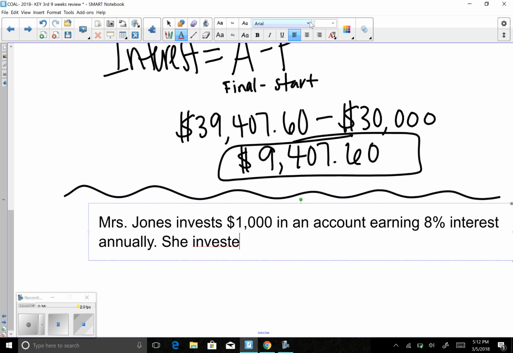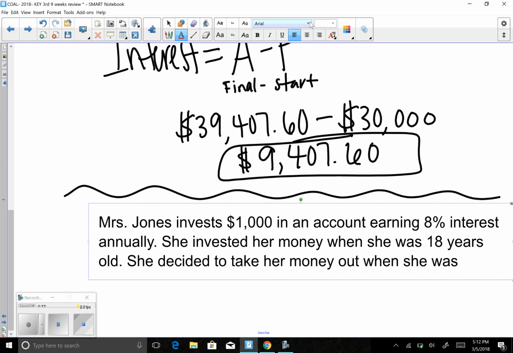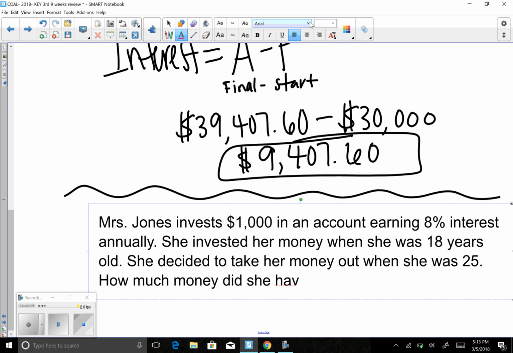She invested her money when she was 18 years old. She decided to take her money out when she was 25. How much money did she have?